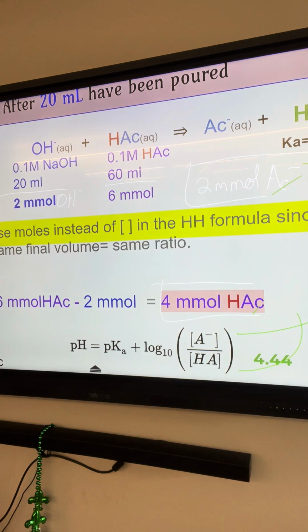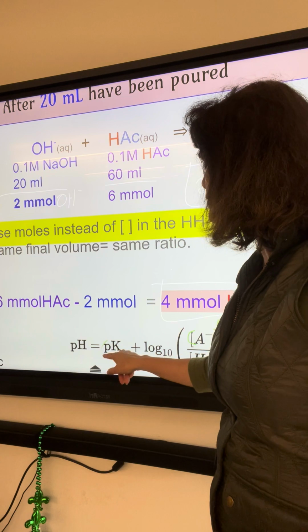Do you see what I'm saying? This should be a concentration of the base: 2 divided by 80, and 4 divided by 80. You can do that, and it's perfectly all right. But if you are dividing by 80 and by 80, the 80s are going to cancel. So it's literally 2 divided by 4. Go ahead and put this in the calculator. What does P mean?